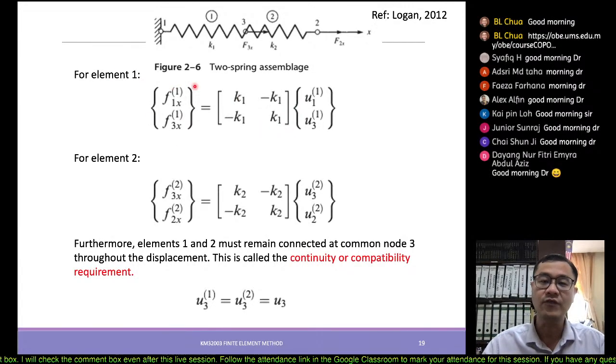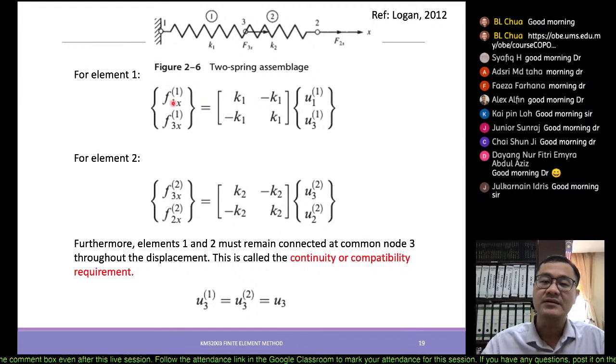Whereas for the force itself, we want to put the corresponding forces acting at every single node. So at node number one, we have F1x, and we put a bracket 1 here because we want to know that these forces are acting on element number one.